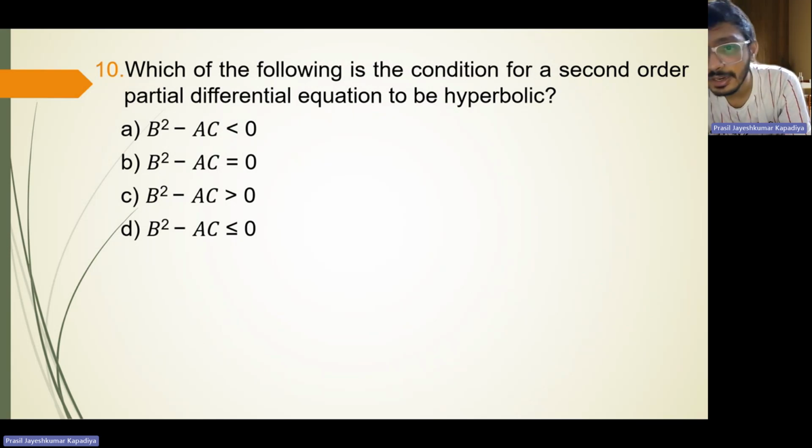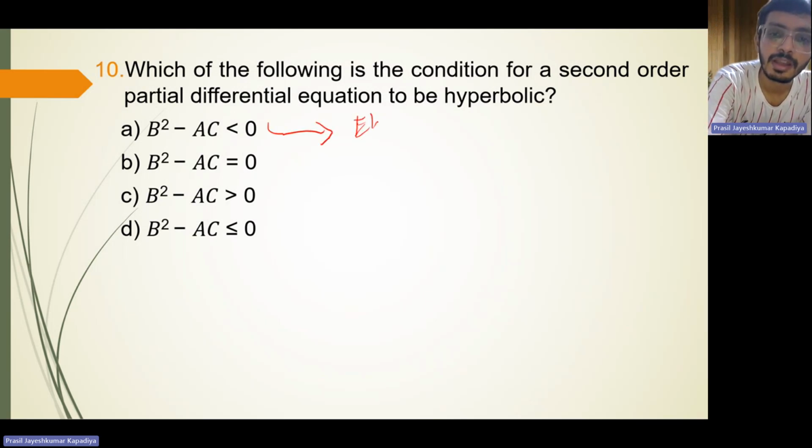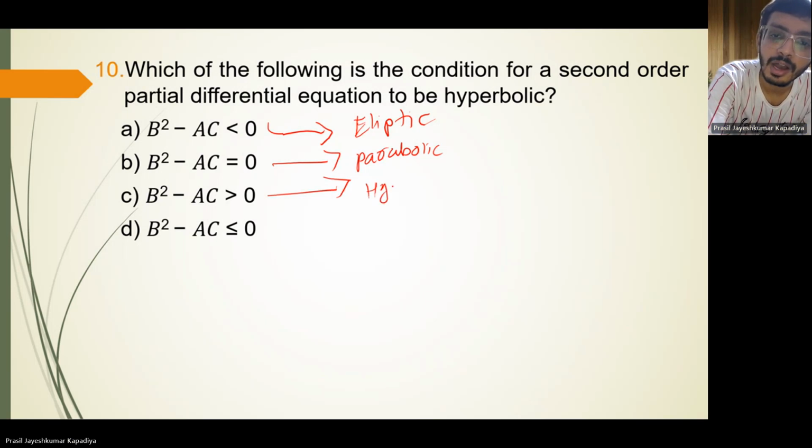Which of the following is a condition for a second order partial differential equation to be hyperbolic? Correct. So this we remember: less than 0 is for elliptic, equal to 0 is for parabolic, and greater than 0 is for hyperbolic.